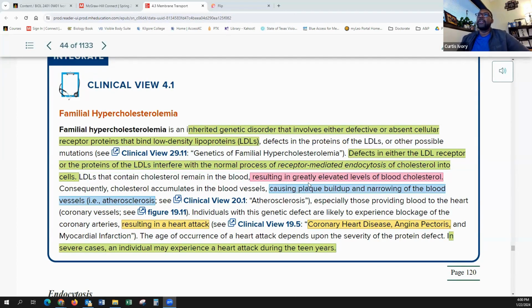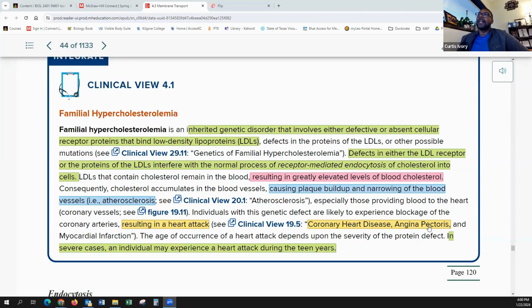It can build up great levels of blood cholesterol and cause plaque buildup. It can cause your blood vessels to narrow, which is referred to as atherosclerosis. It can result in blockage of coronary arteries, resulting in a heart attack, coronary heart disease, which essentially just means chest pain.